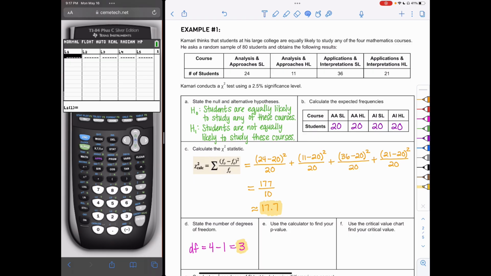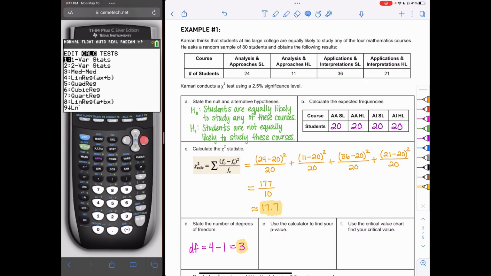My observed frequencies are going to go in L1, and my expected frequencies are going to go in L2. All right. So now that I have those values in, I'm going to press stat and then go over to test. And then I'm going to scroll to the chi-square GOF test, goodness of fit.